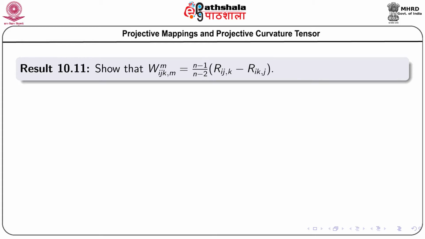Now, for the next result, we see that W^m_{ijk,m} equals n minus 1 by n minus 2 [R_{ij,k} minus R_{ik,j}].